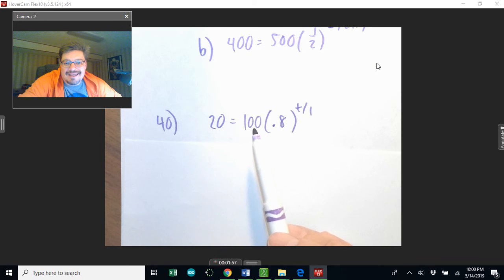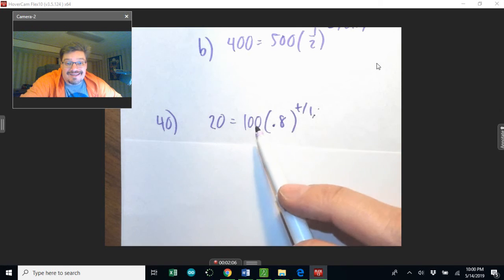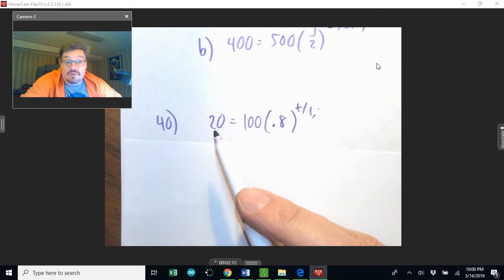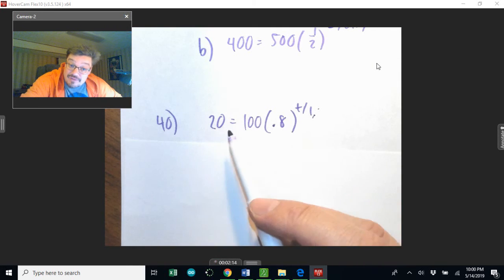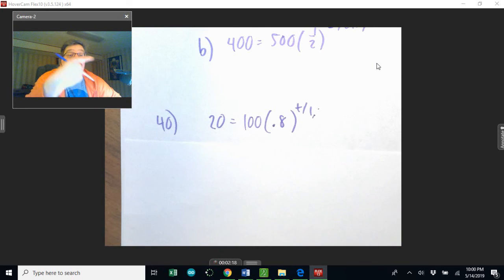Now that means that it retains, it still has 80% after 1 hour. Okay? So since it retains 80% every hour, we want to know when is it going to equal 20, because if there's 20 milligrams in the bloodstream, that's when we have to re-administer it.